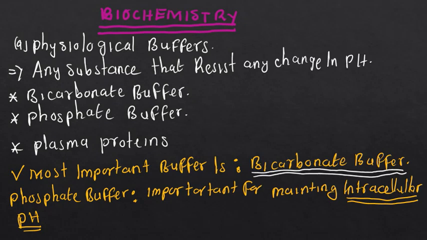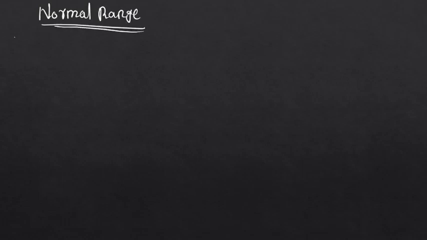All right. So now we look at the ranges of the pH, the partial pressure, as well as the bicarbonate range. The normal range for the pH is supposed to be 7.35 to, let's say, 7.45.